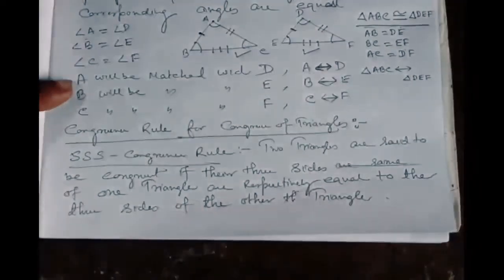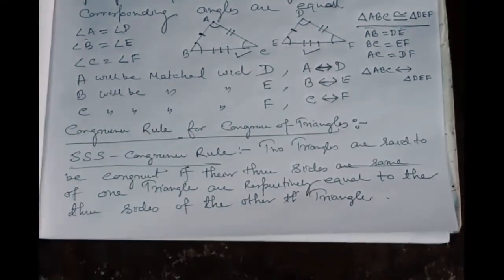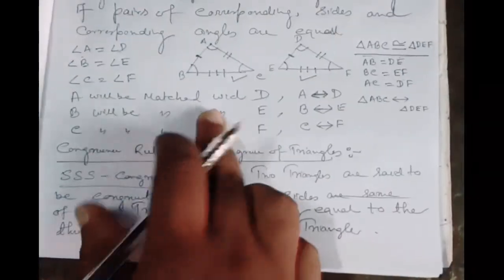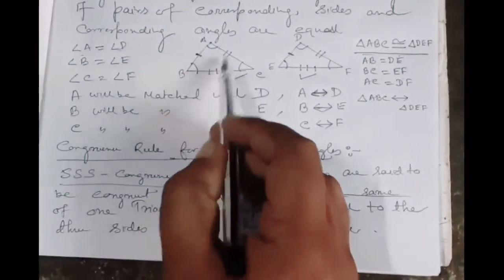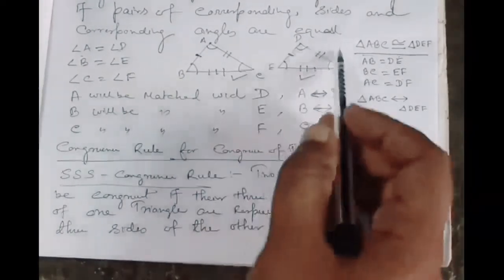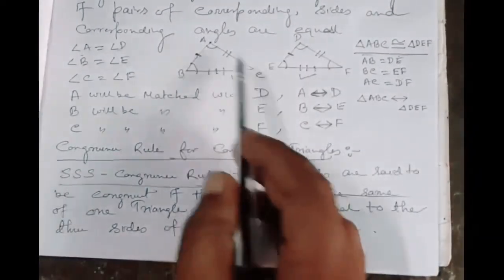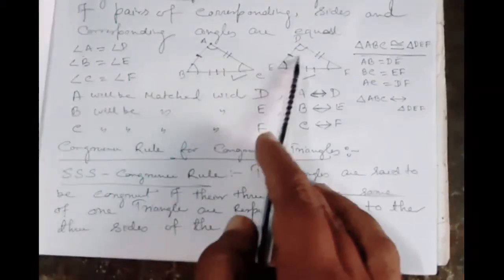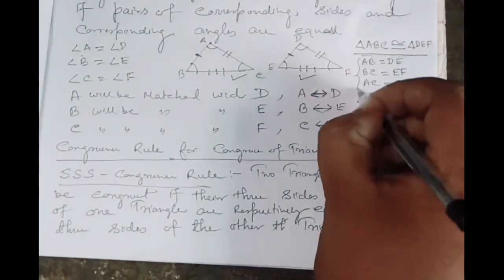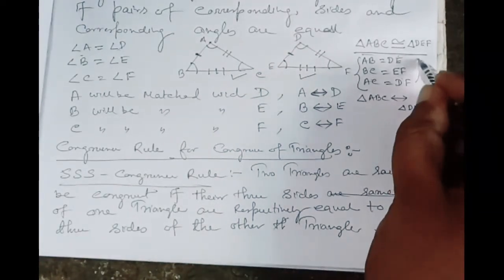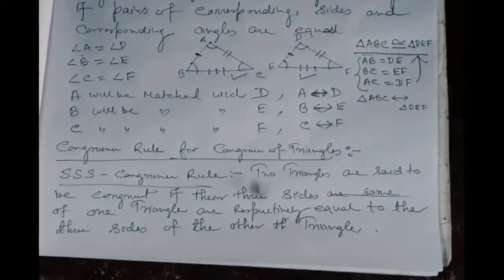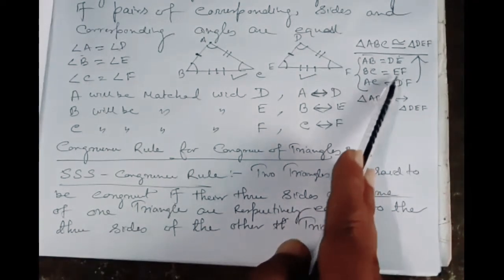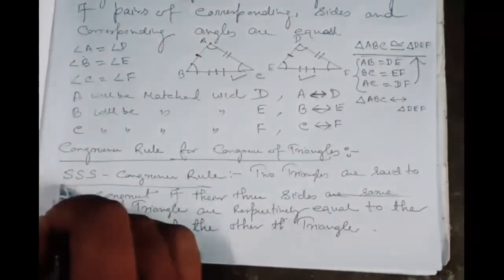Okay. So that means in this case the three sides will be equal, then we can tell that the triangles should be congruent to each other. Okay, three sides will be equal means if this happened, then we can say this is congruent to this. Okay, so this is the side congruence rule. Okay, SSS congruence rule.